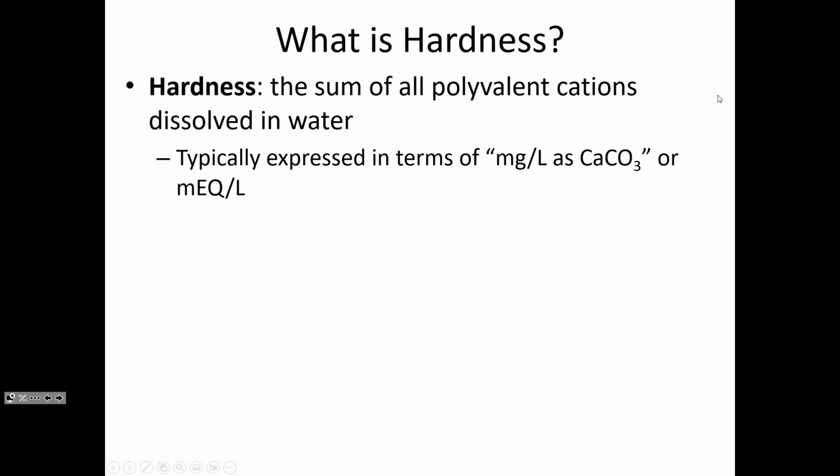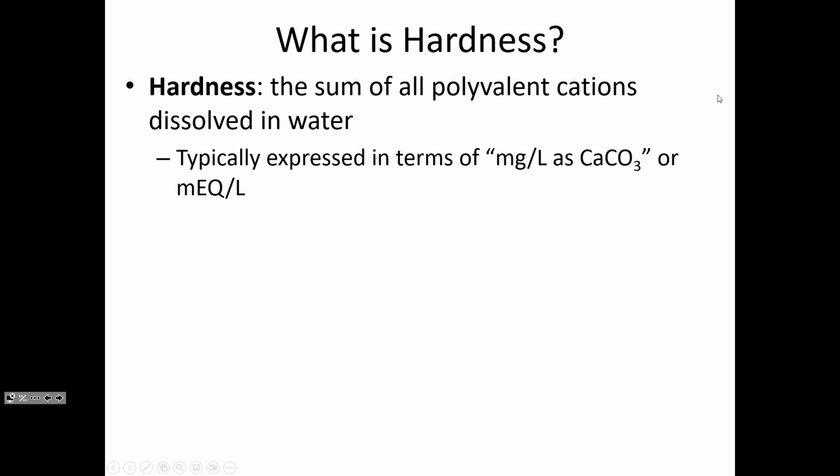So, hardness. There are these seemingly non-scientific terms that are used to describe certain parts of water treatment and wastewater treatment, and hardness is one of them that is as much a historical term as a current term. From a technical standpoint, if we're being quantitative about it, the way that you calculate hardness is by adding up all of the polyvalent cations. Anything that has a charge of greater than 1 is a polyvalent cation.